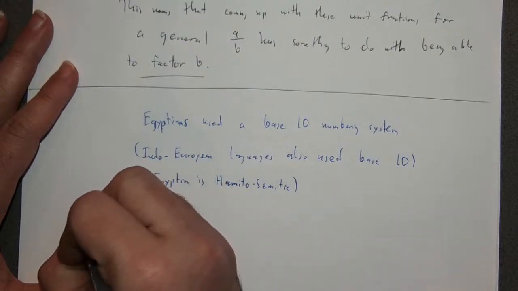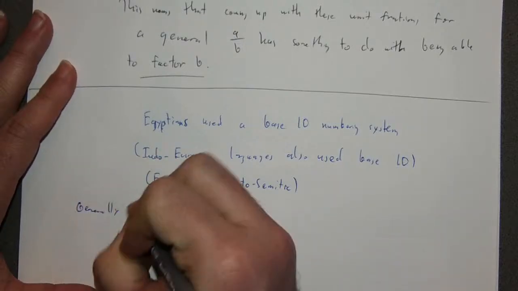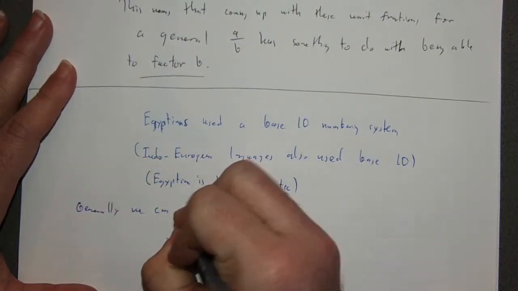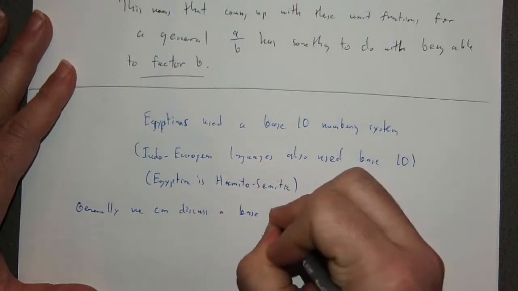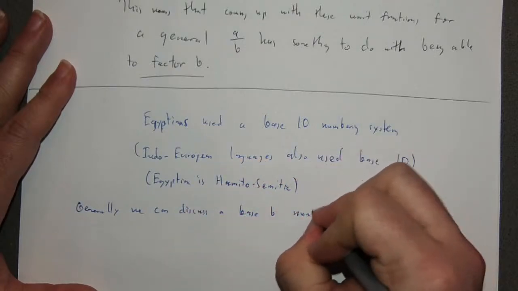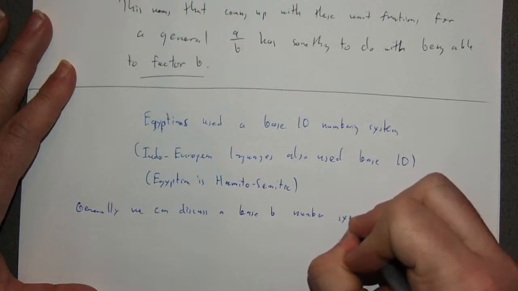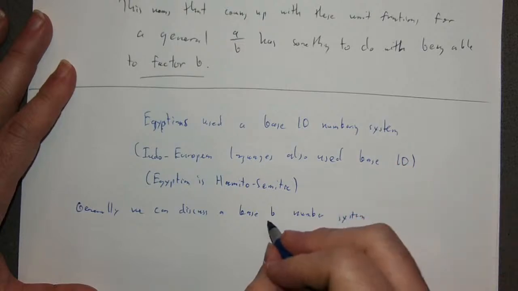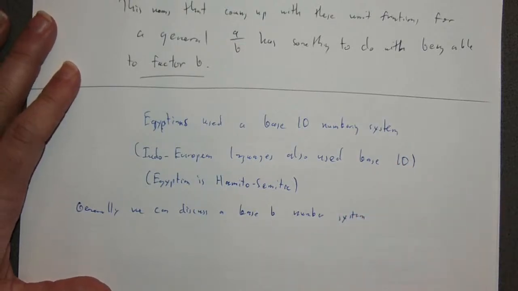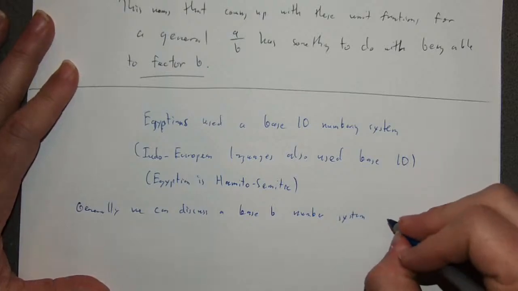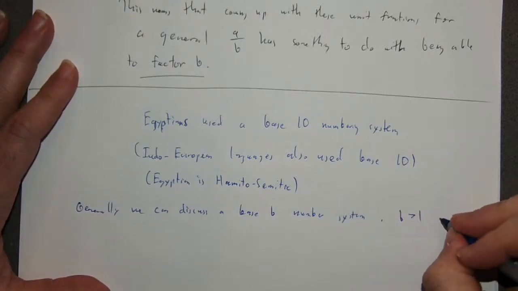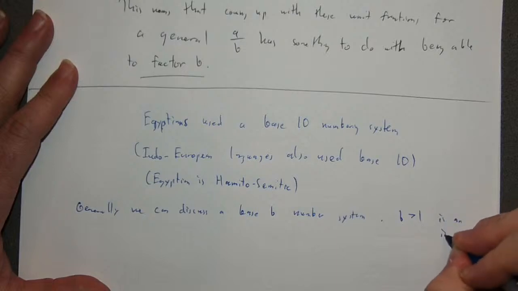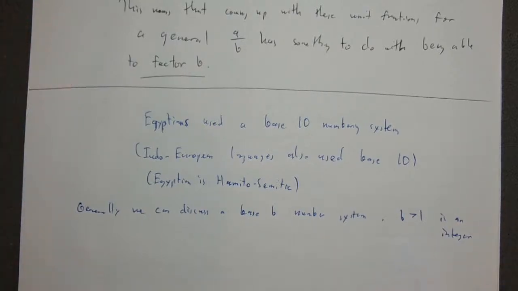So generally, we can discuss a base B number system. Let B be any base. So B is an integer greater than 1, a positive integer, obviously, because it's greater than 1.